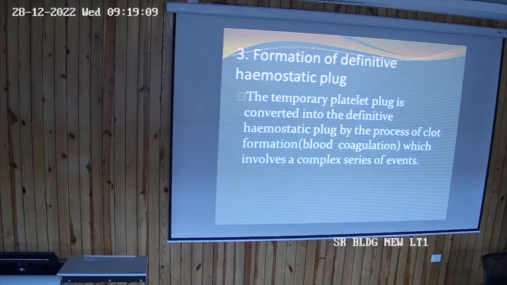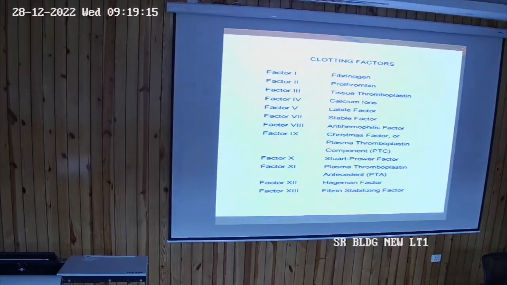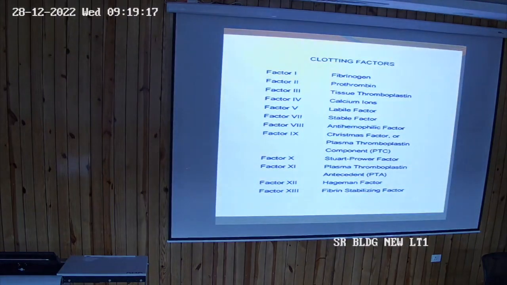This is a series that involves a complex series of events. These are the different clotting factors; you can see the Roman numerals 1 to 13. But there is an absence of factor 6. In the viva, the most commonly asked question is to name factor 6.